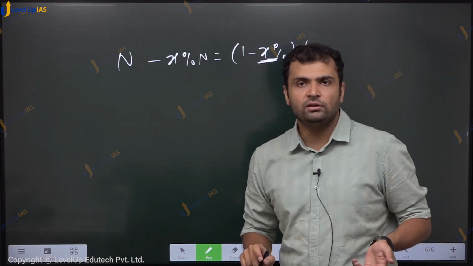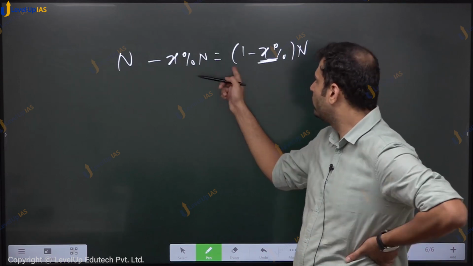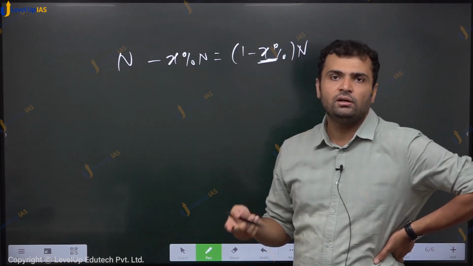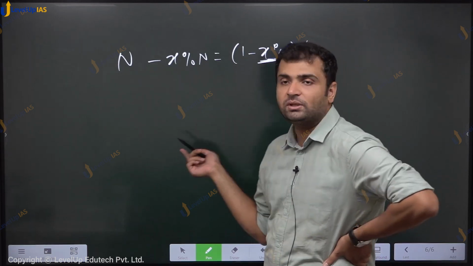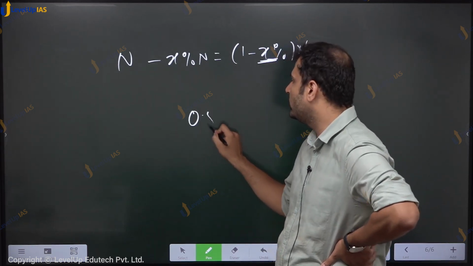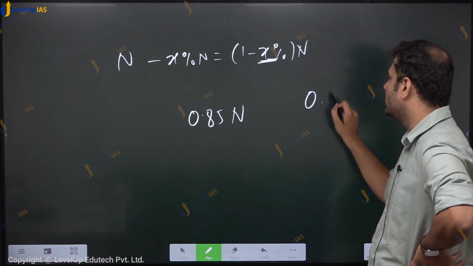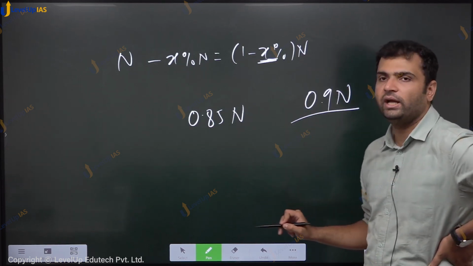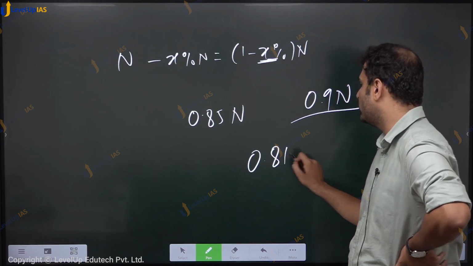X is 15, this x percent is 0.15, and so on. So 1 minus x percent means making it smaller by that percentage. So if 15% decrease, the new quantity will be 0.85n. If 10% decrease, then new quantity will be 0.9n. If it is 20% decrease, new quantity will be 0.8n.